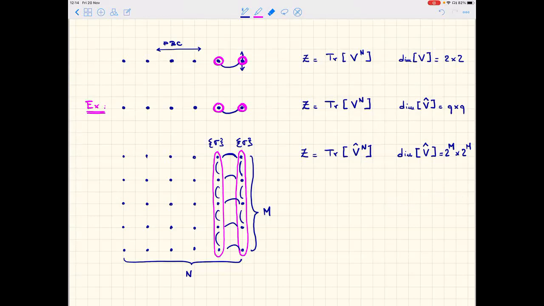In case of the Ising model 2 cross 2, and in case of the Potts model Q cross Q. Can I understand here that 2 cross 2 is the ground state degeneracy, and Q cross Q is just the ground state degeneracy of the Potts model?